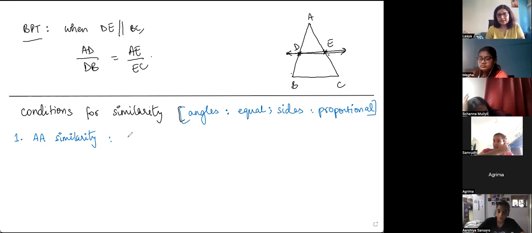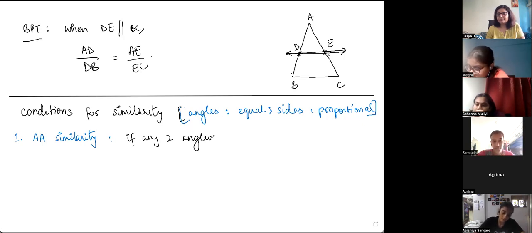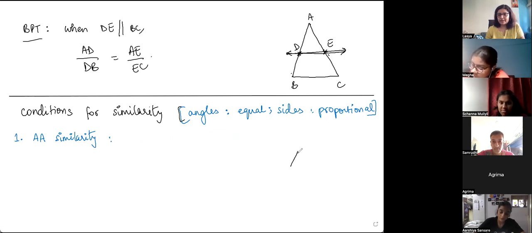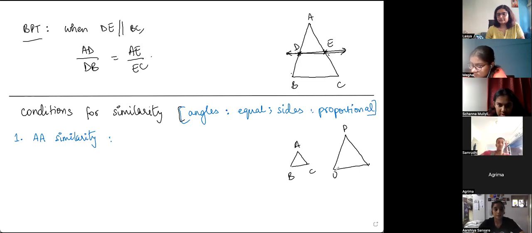So basically, you have to check if any two angles of the triangles are equal, then the triangles are similar. So, instead of writing it in statements, let's make it easy for you guys. Suppose we have two triangles, ABC and PQR.